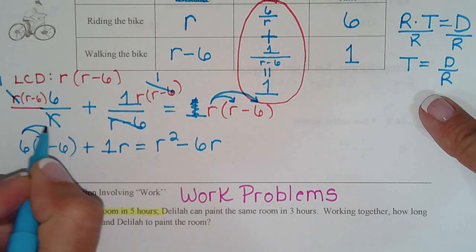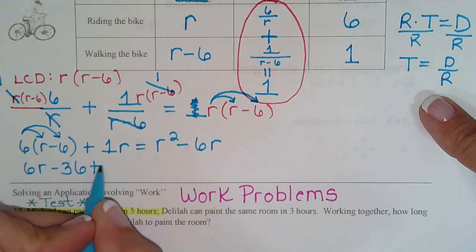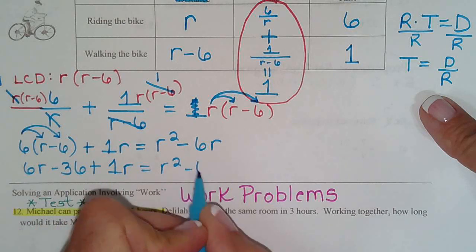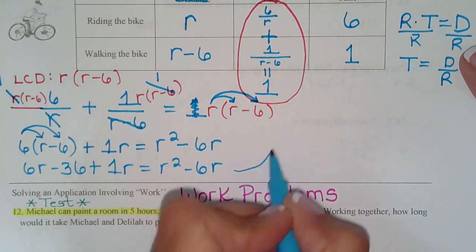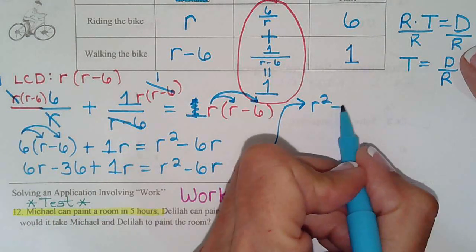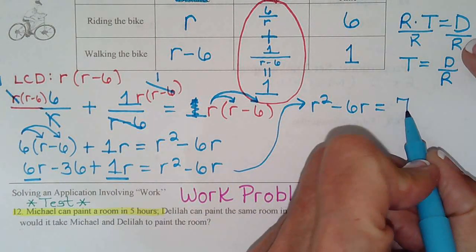So we have 6R minus 36 plus 1R equals R squared minus 6R. So I'm going to turn the equation around because I like having my R squared on the left. So R squared minus 6R equals, and then we have some like terms here. So 7R minus 36.